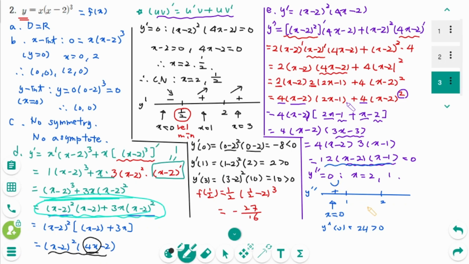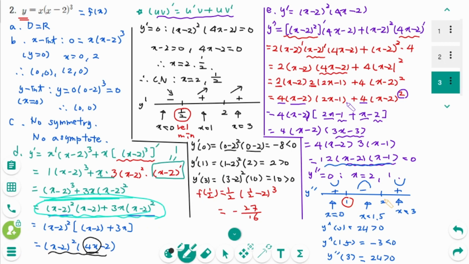That means concave up. When the testing number is 1.5, y second prime of 1.5 equals minus 3, which is negative. Concave down. When the testing number is 3, y second prime of 3 equals 24, which is positive. Concave up.